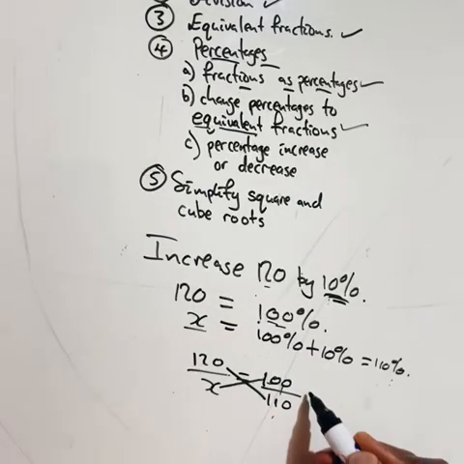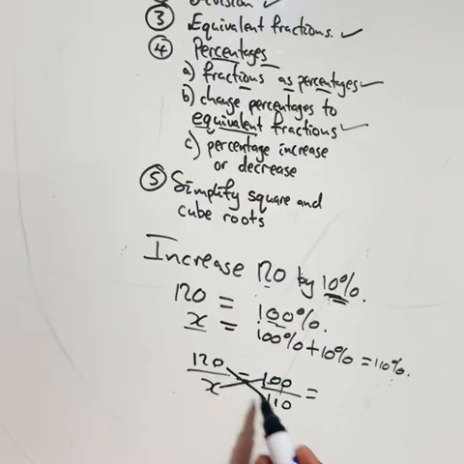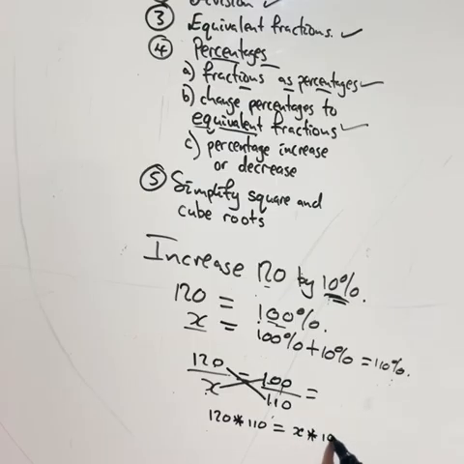Now these two are supposed to cross multiply, meaning I've got 120 multiplied by 110, which is equal to X multiplied by 100. So now I've got 120 multiplied by 110 and X multiplied by 100.